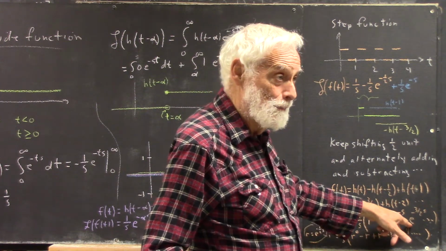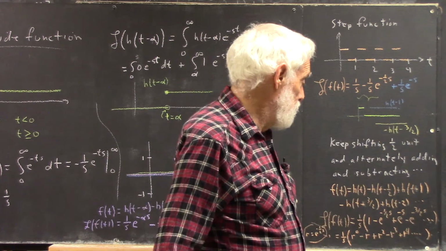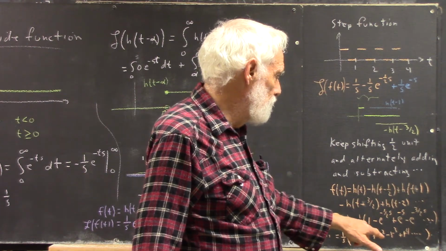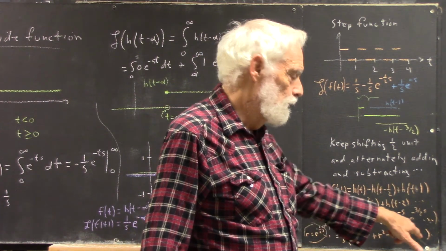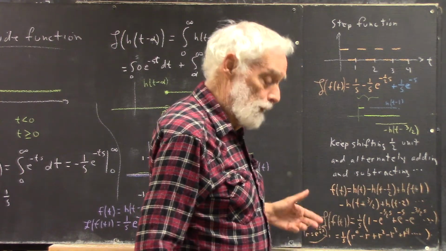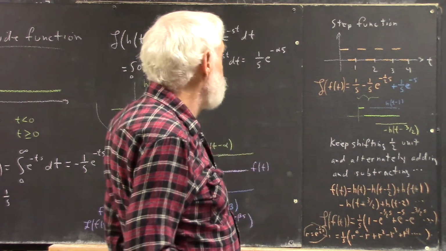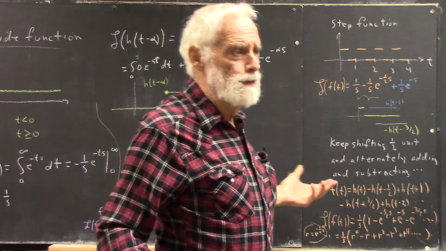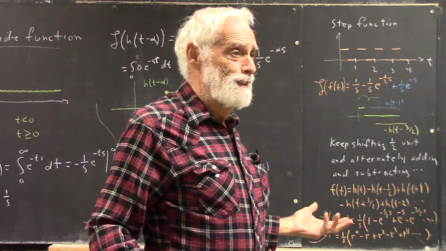And we get this. And it just continues, so we can write this as 1/s times r to the 0 minus r plus r squared minus r cubed plus r to the 4th and so forth, where r is your e to the negative 1/2 s. Might be a little hard to read. Okay? And then you would immediately recognize this as a geometric series.